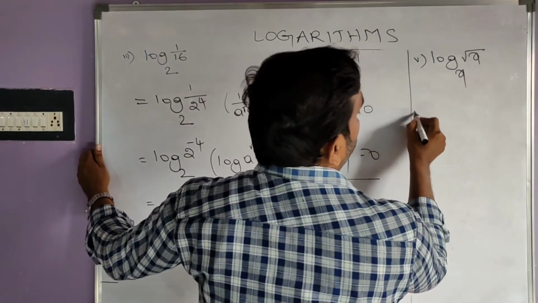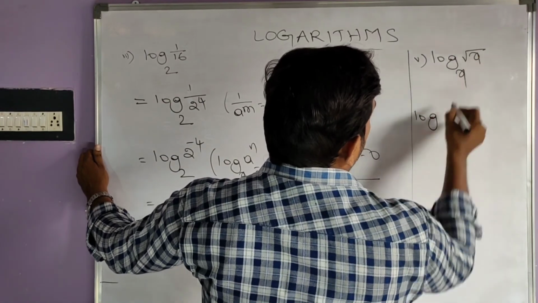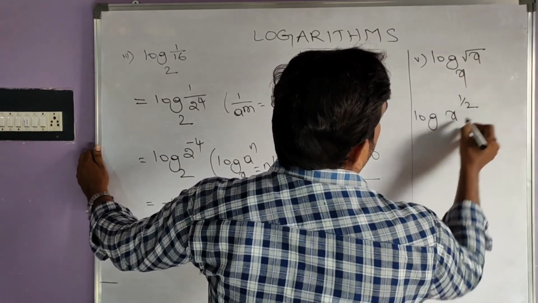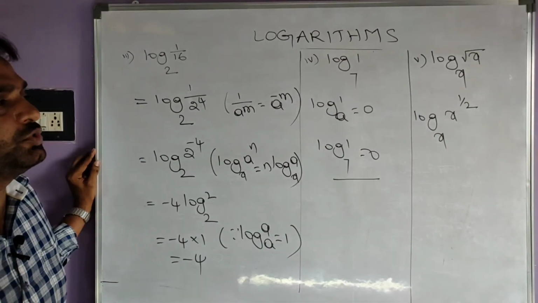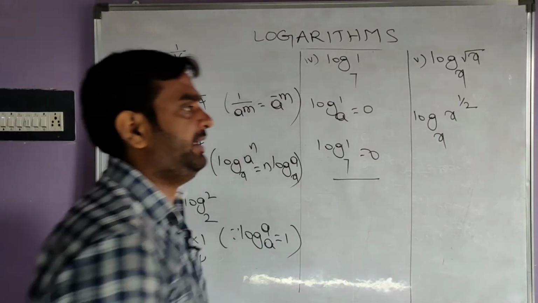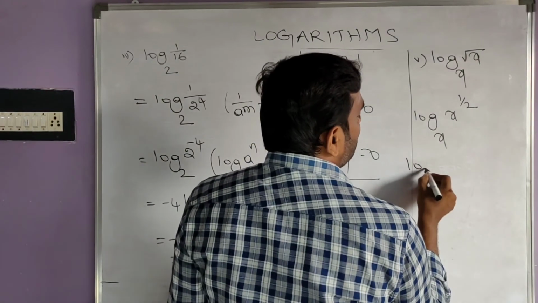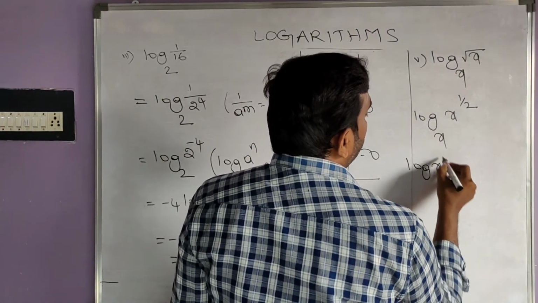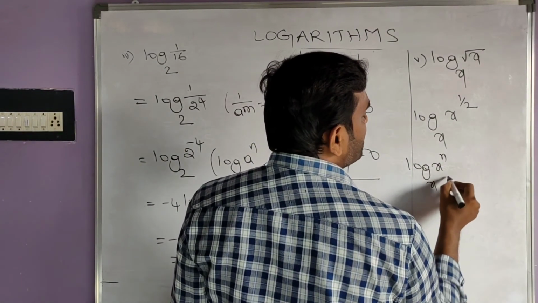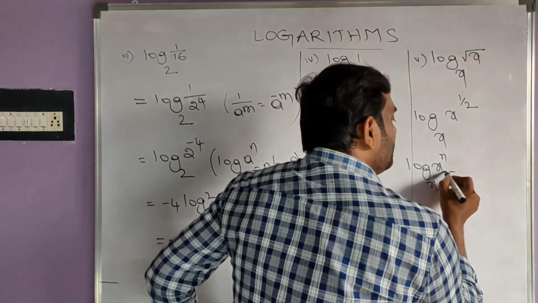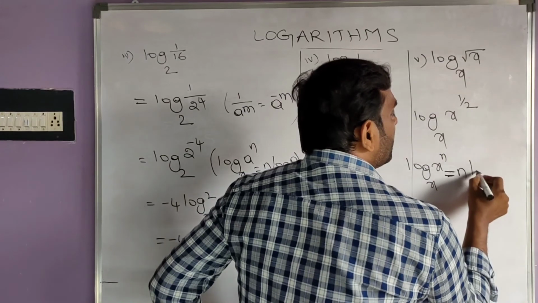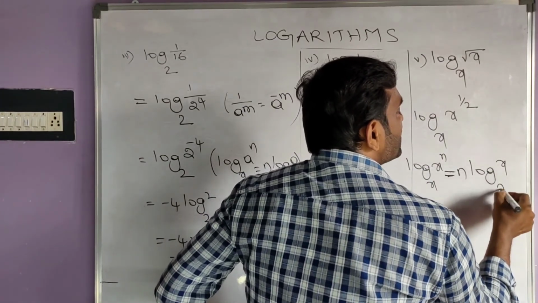And coming to here, log root x can be written as log x power of 1 by 2 to the base x. The formula is log x power n base x, this n comes forward, n log x base x.